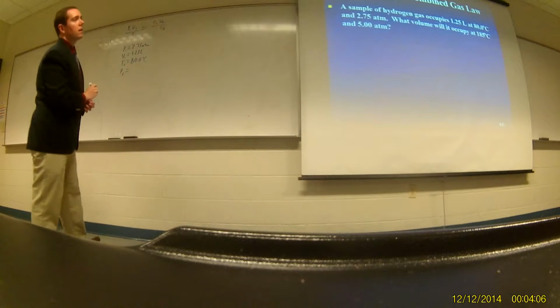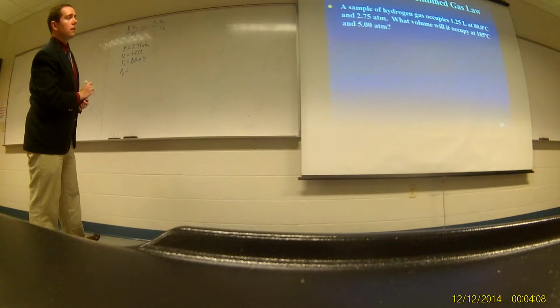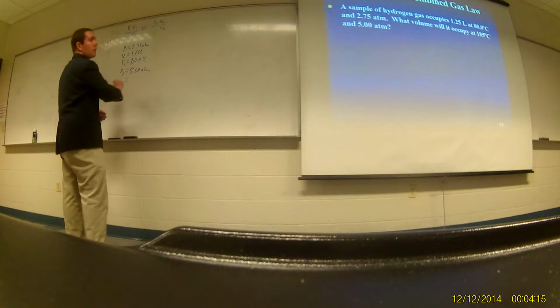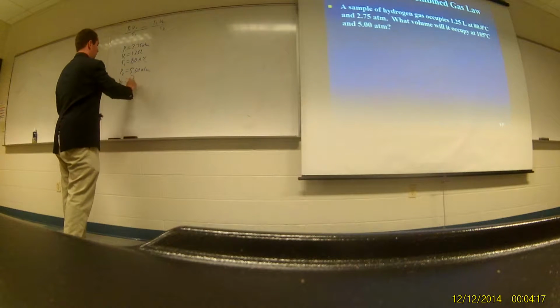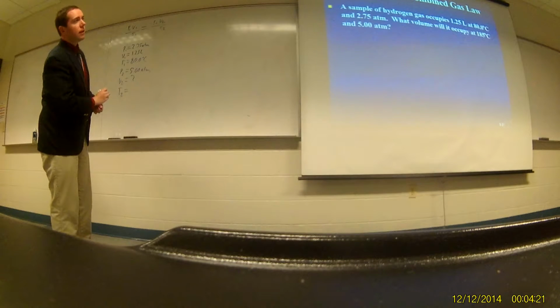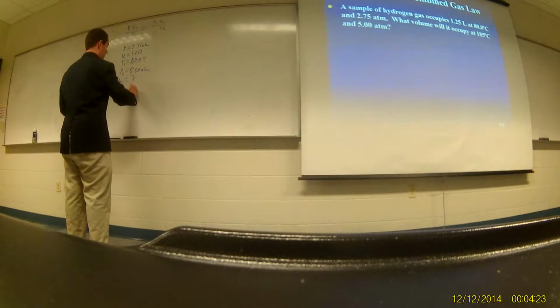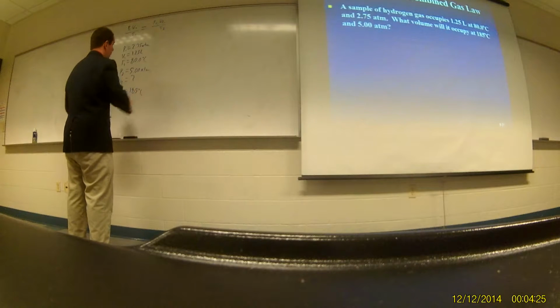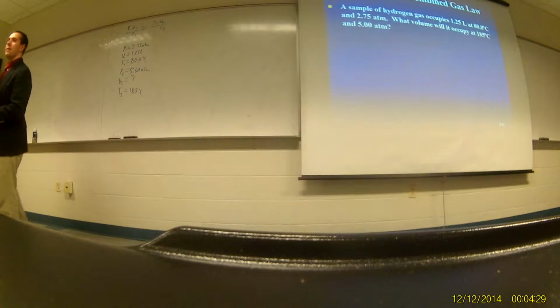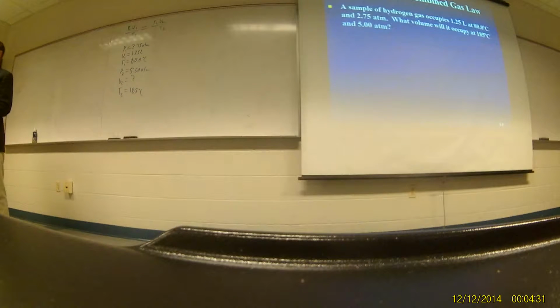P2 is 5 atmospheres. V2 is unknown. T2 is 185 degrees Celsius. Which of these variables do we have to convert before we can do our problem?